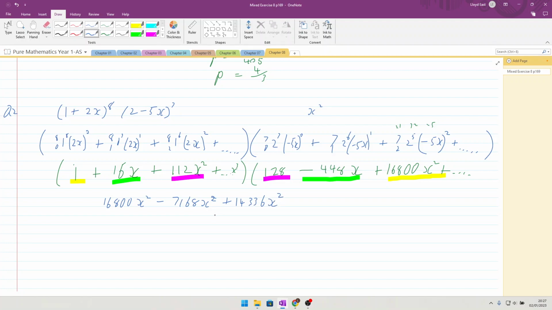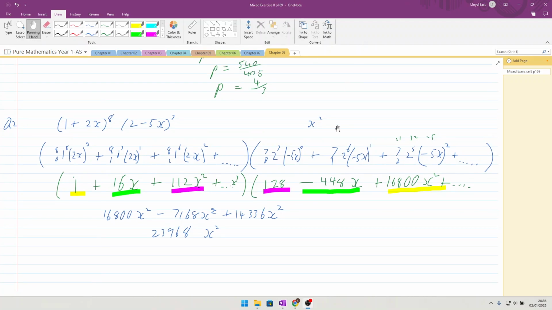And all of those will obviously add together to give us the final x squared coefficient. So 14,000 plus 16,800 gives me 31,136. Take away 7,168 gives me a final total of 23,968. Okay, so the coefficient, find the coefficient of the x squared in the expression. Yep, that should be it.